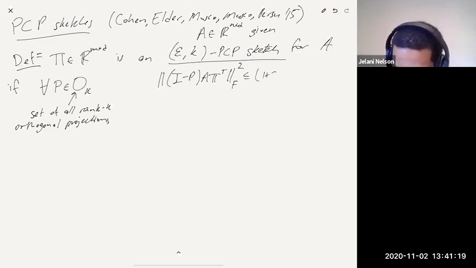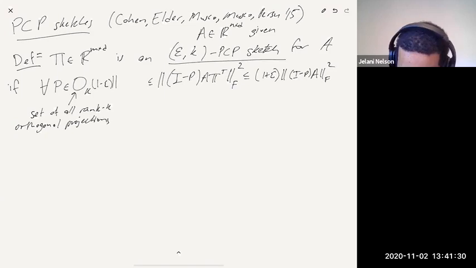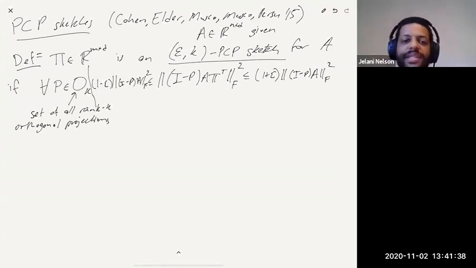So it's at most 1 plus epsilon times the Frobenius norm squared of (I minus P) A, and it's at least 1 minus epsilon times the same thing. Okay, does that make sense?